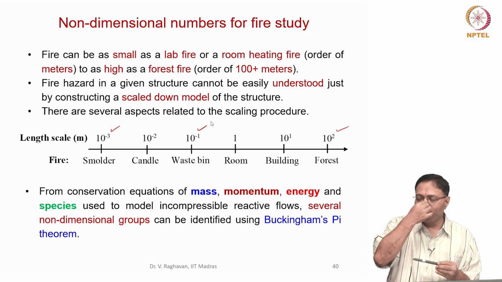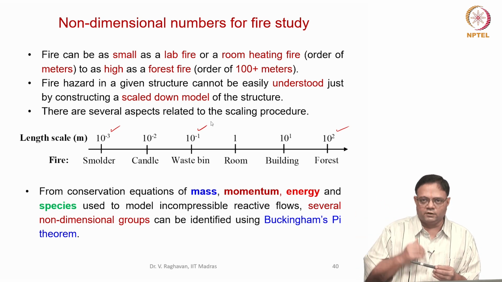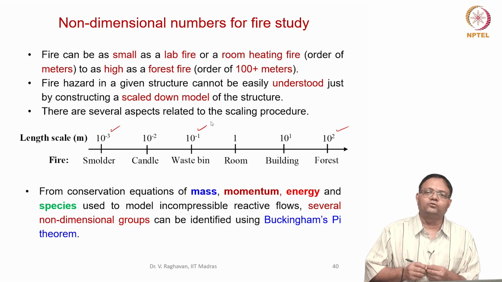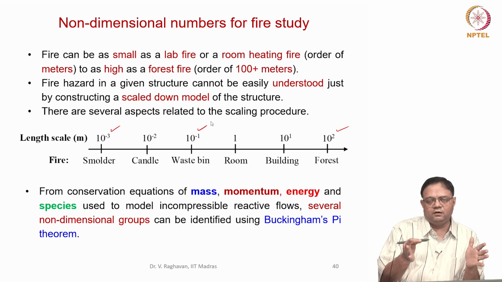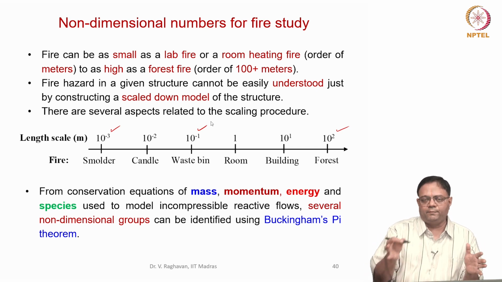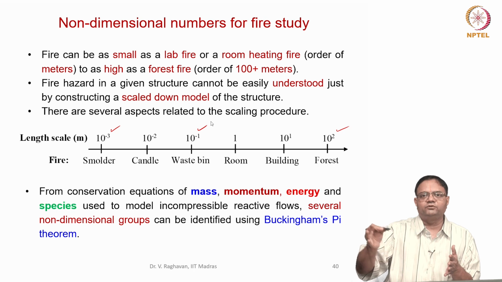For example, if I increase the scale beyond, say, 15 centimeters, then I get transition to turbulence for the methanol pool. I'm just giving a typical example. Till 15 centimeter of pool diameter, you will mostly see laminar characteristics, but after 15 centimeter, transition occurs.